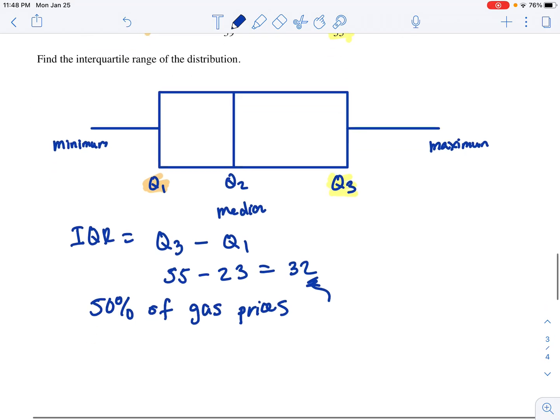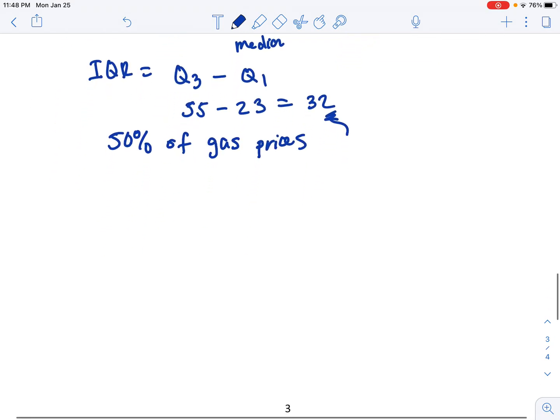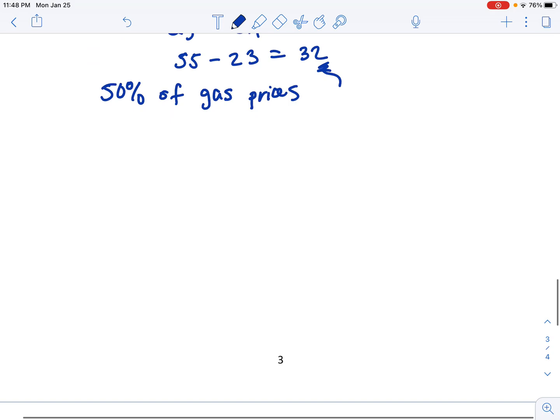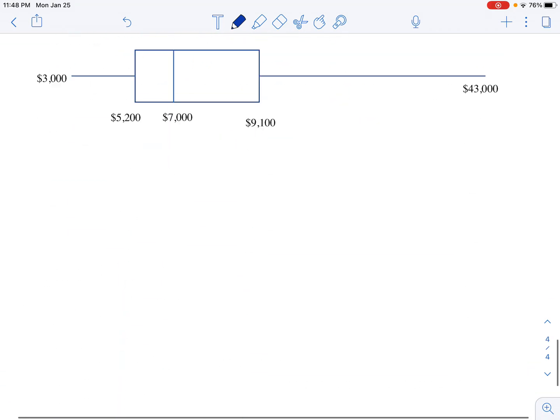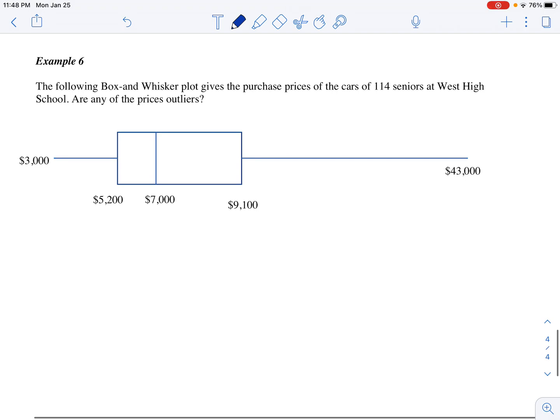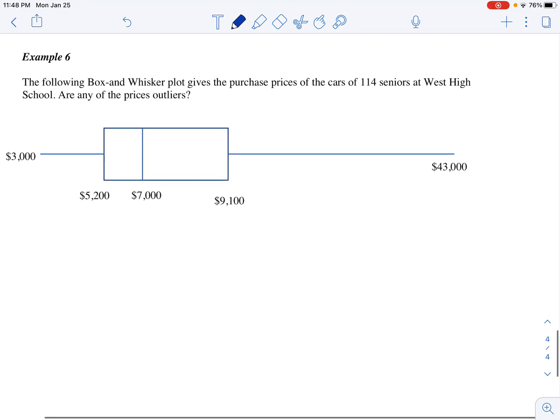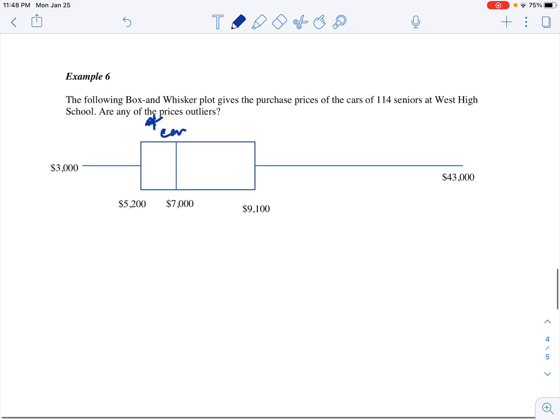All right, the last one we have. The following box and whisker plot gives the purchase prices of cars of 114 seniors at West High School. Are any of the car prices outliers?